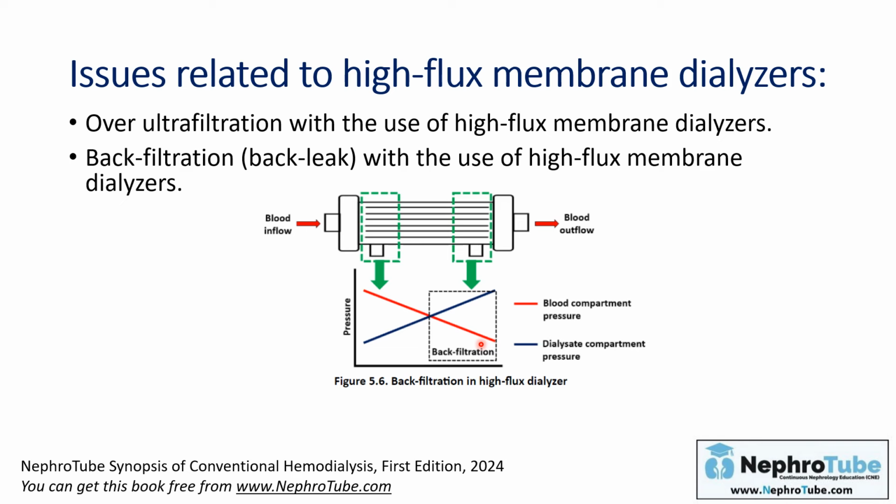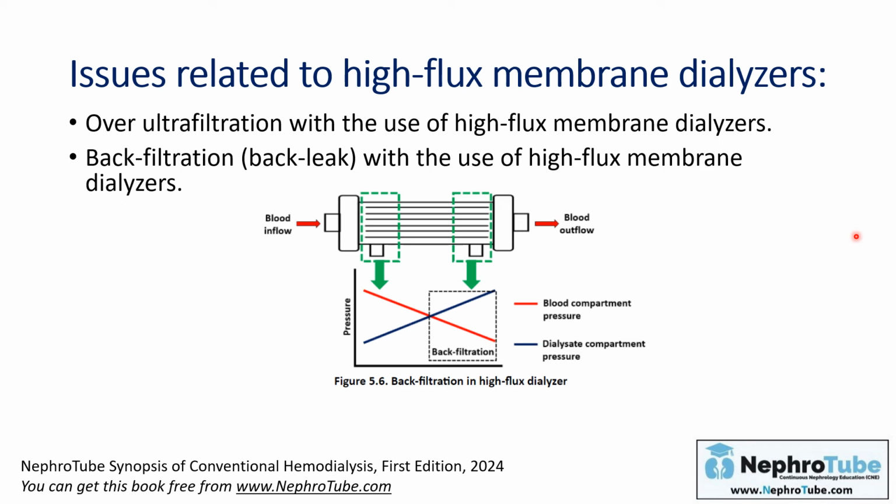And this is important. Why? This is important because if you use high flux membrane and there is a possibility of back filtration or back leak, so there is a possibility of movement of water from dialysate to the blood, you have to use ultrapure dialysate that we mentioned in the previous lecture.